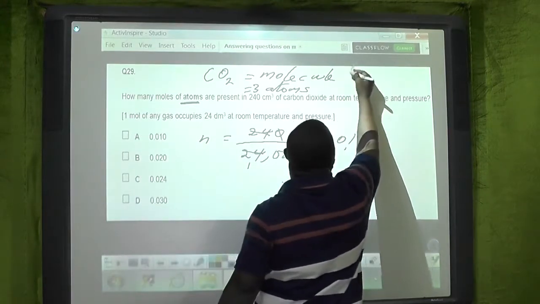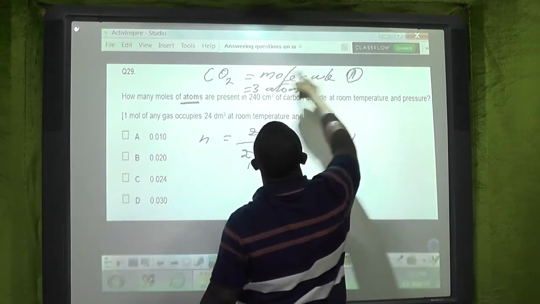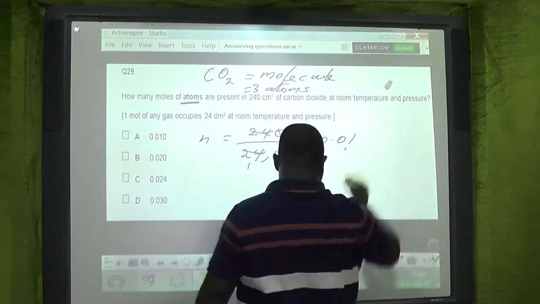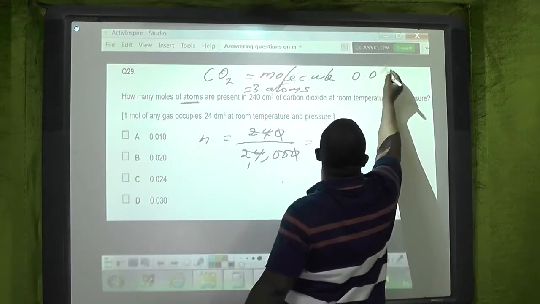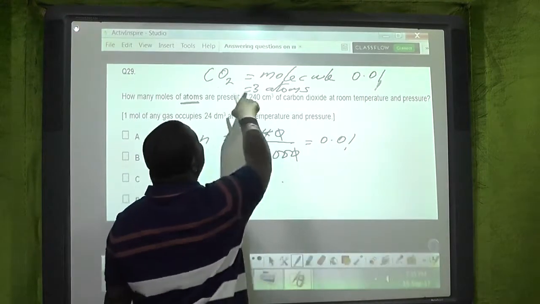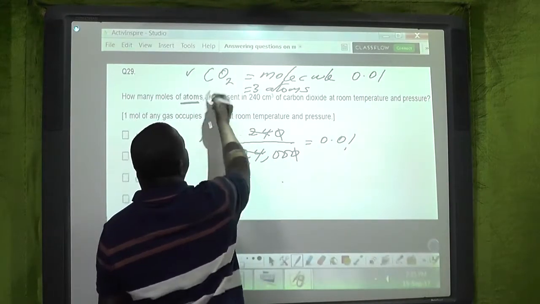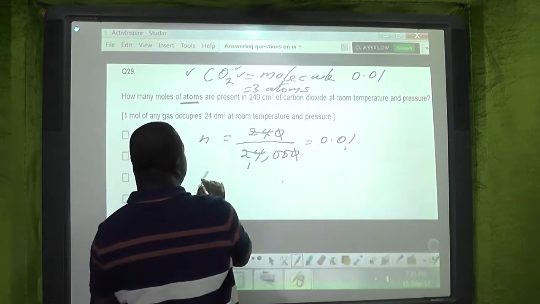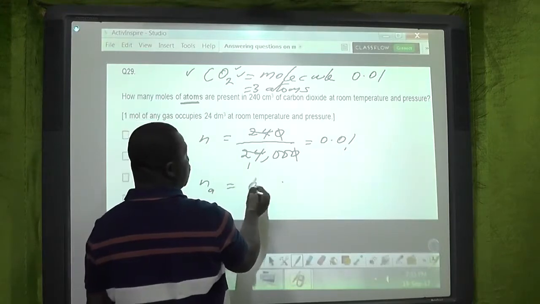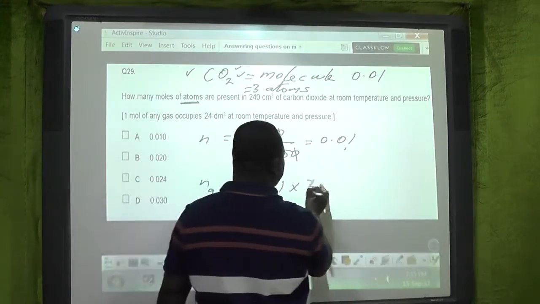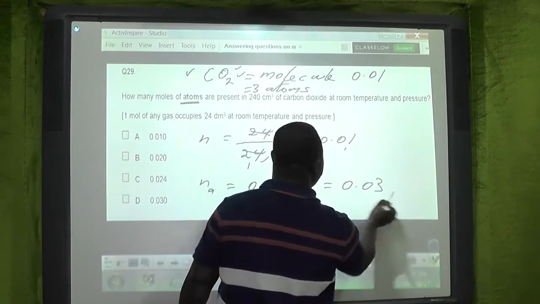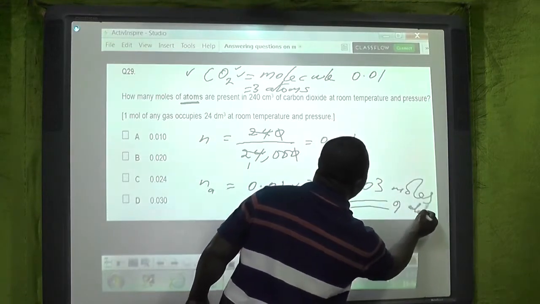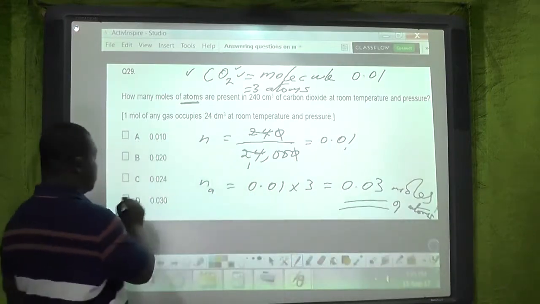There is 1 molecule here. So how many atoms in 1 molecule? 3. So there's 0.01 mole of molecules here. How many atoms will be there? 3 of each of them. So your n for the atoms will be equal to 0.01 multiplied by 3, which is 0.03 moles of atoms.